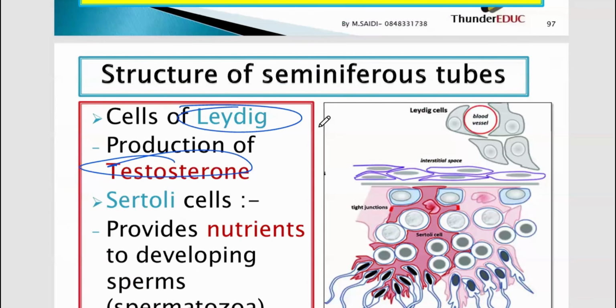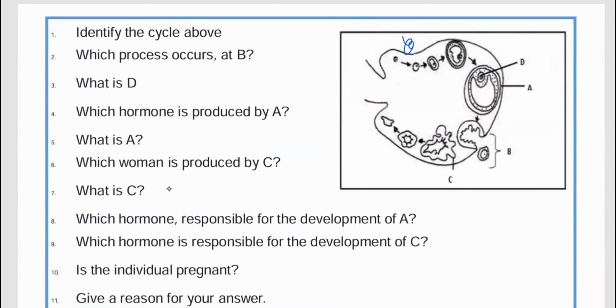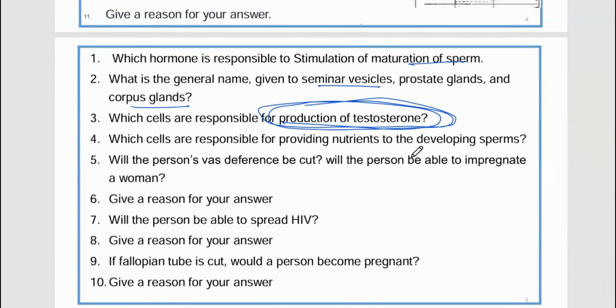They're asking you which cells are responsible for providing nutrients to the developing cells? For them, Sertoli cells.